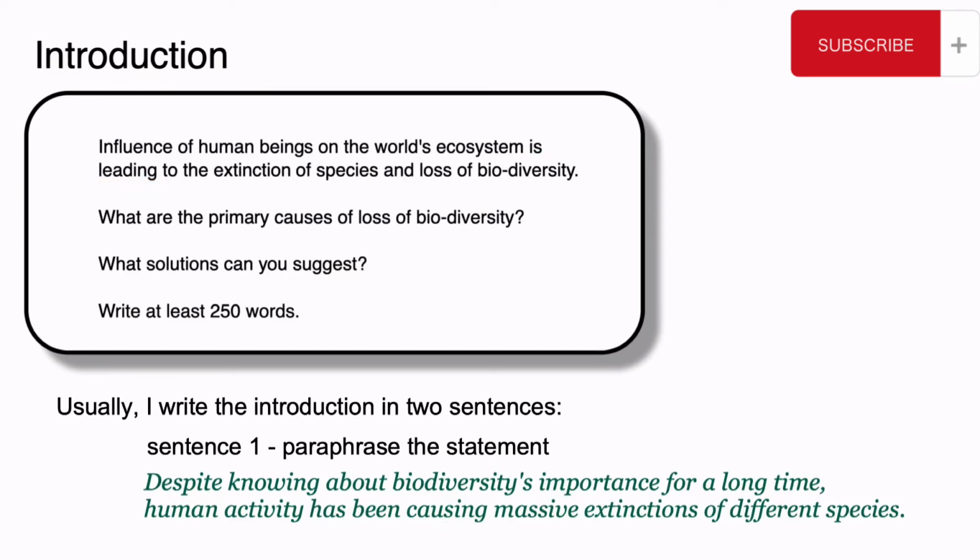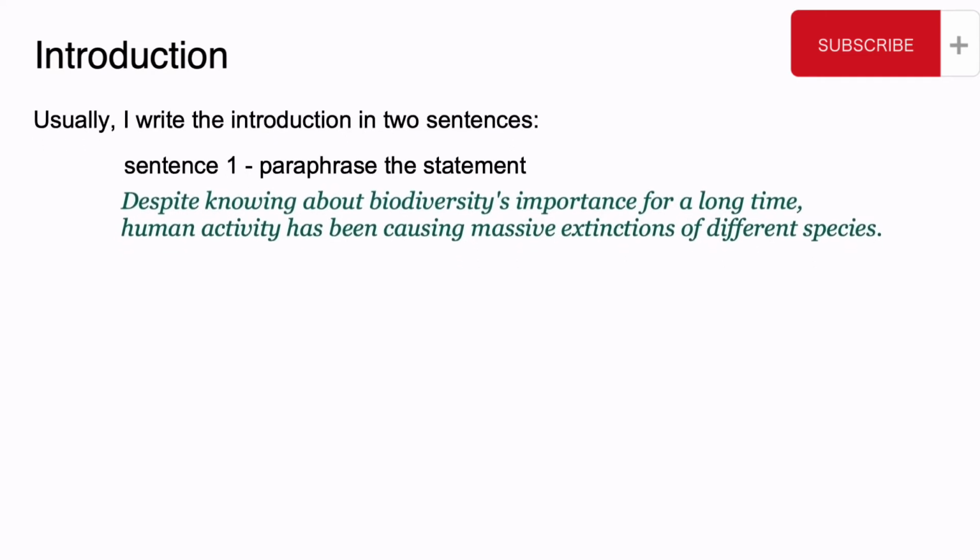Also, I substituted extinction of species and loss of biodiversity by massive extinctions of different species. And also, I want to draw your attention to the beginning of the sentence. To highlight the importance of the problem, I wrote, despite knowing about biodiversity's importance for a long time. That's the first sentence of the introduction.